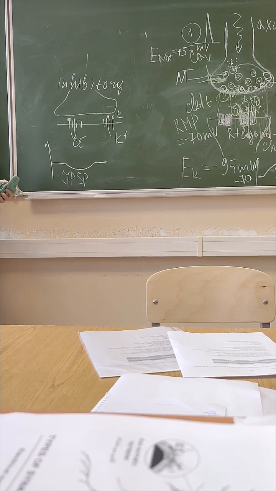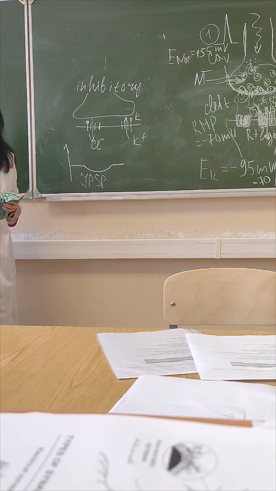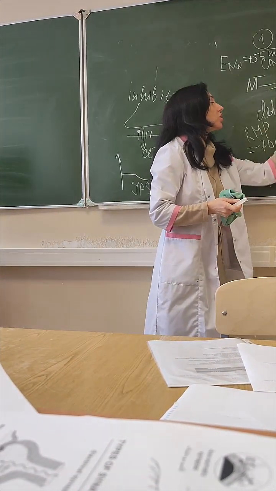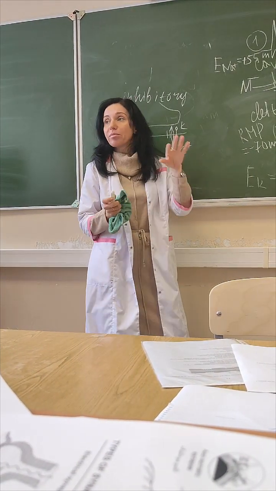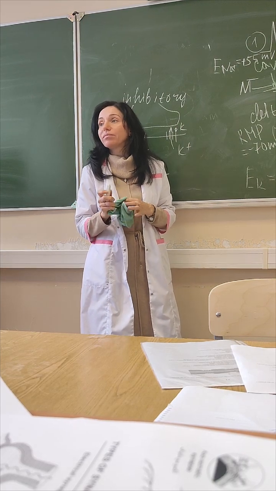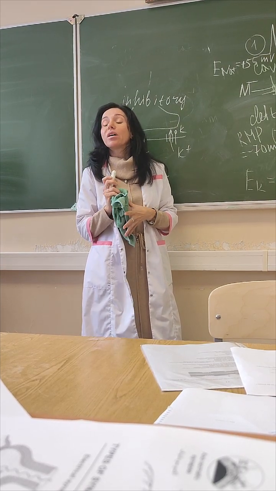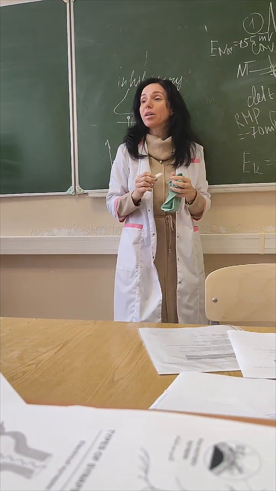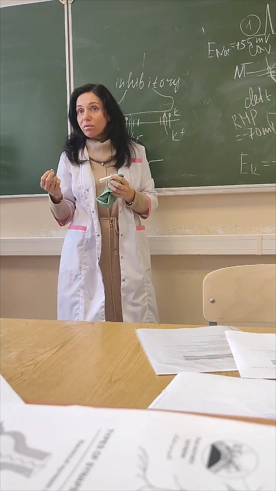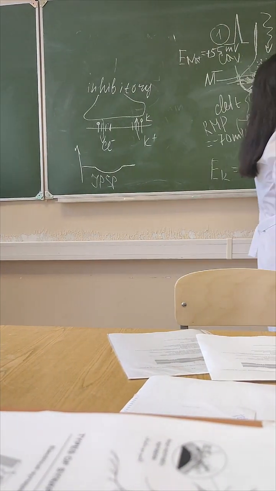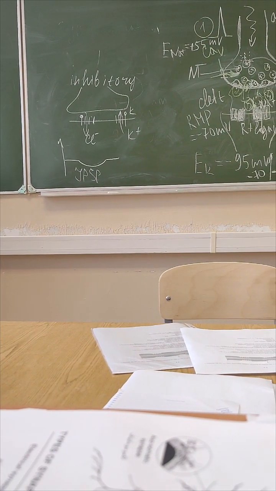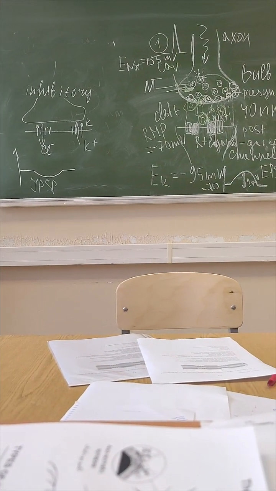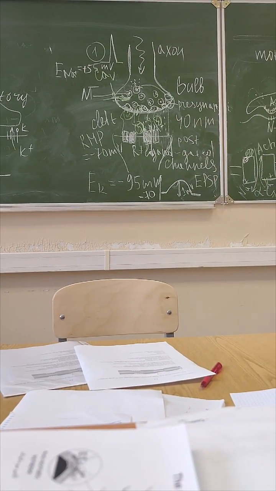And what is the last step of synaptic transmission? What happens with the neurotransmitter after synaptic transmission? It must be broken down by enzymes and disappear. The synaptic cleft must be cleared. In the motor plate, it breaks down with the enzyme acetylcholinesterase.